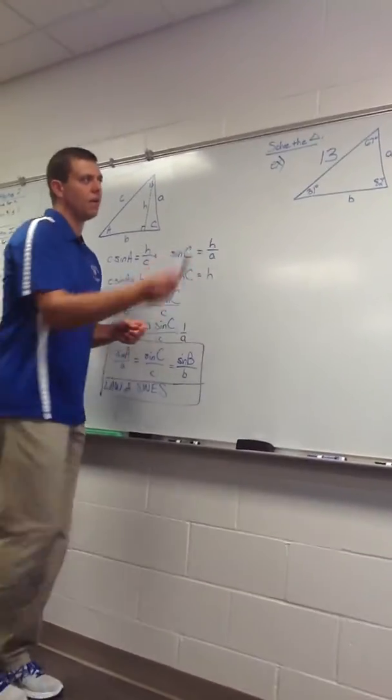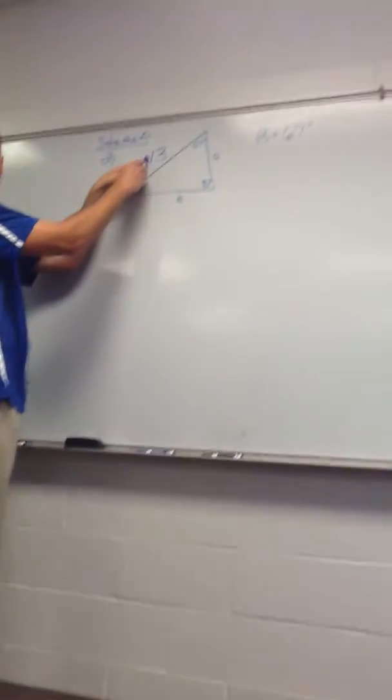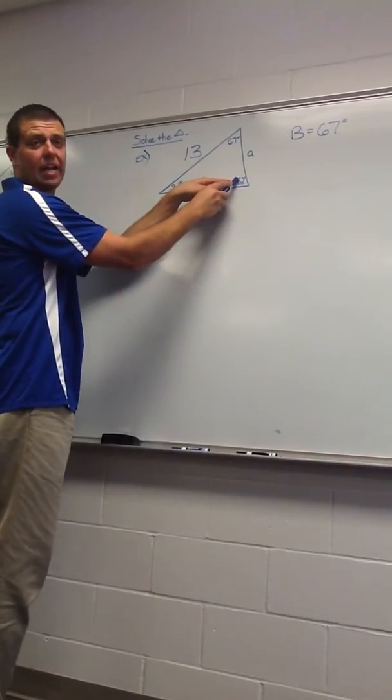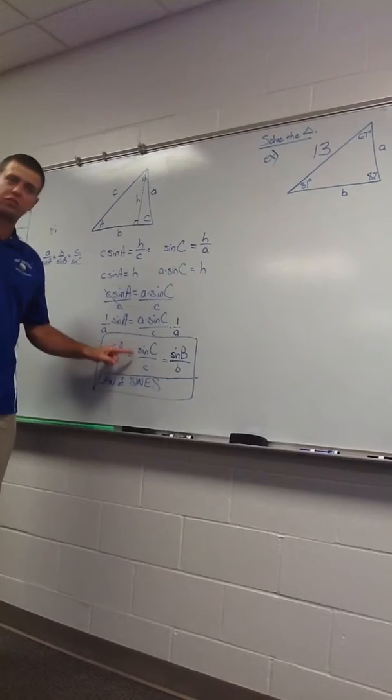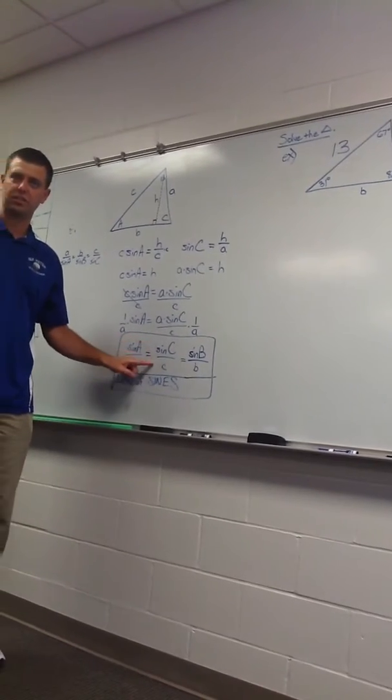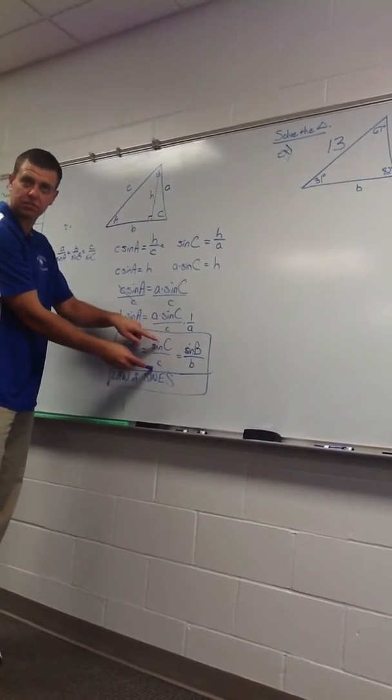Now notice, I have side C and I have angle C. Everybody agree with that? So I'm definitely going to use this ratio as I set this up because I know both of those things.